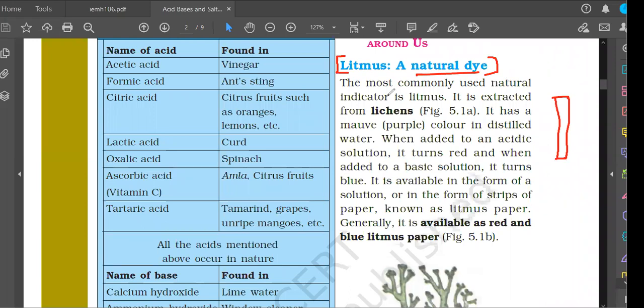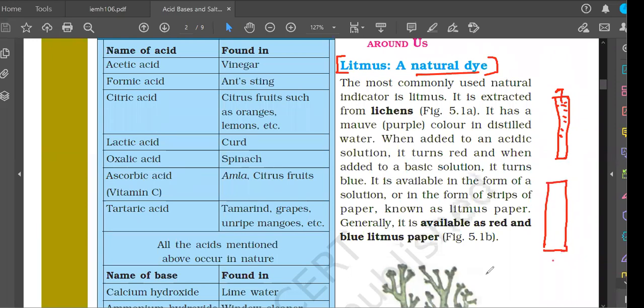We spread this dye on paper. Now if you dip this in acid, suppose you have blue litmus. We have only two colors in litmus, by the way: blue and red.